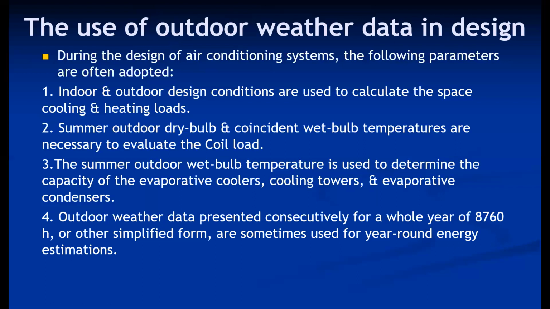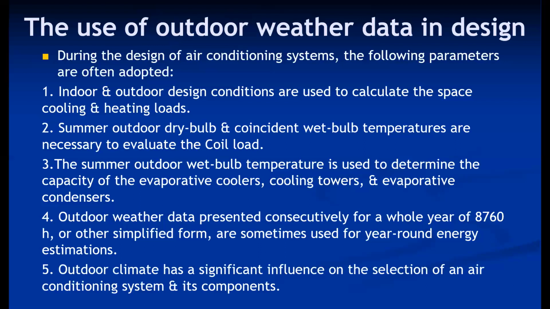These are the conditions required for calculating the transmission load. Accordingly, the transmission load varies throughout the year, and for calculating the energy estimations, it is necessary to have such data. That is outdoor data, and it's necessary.